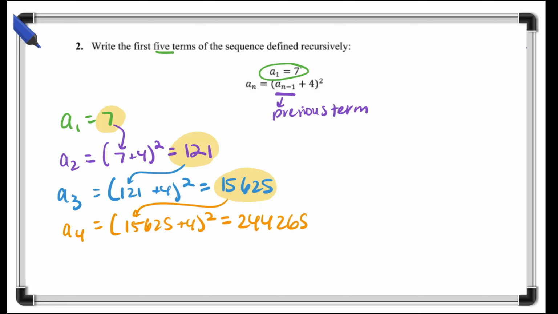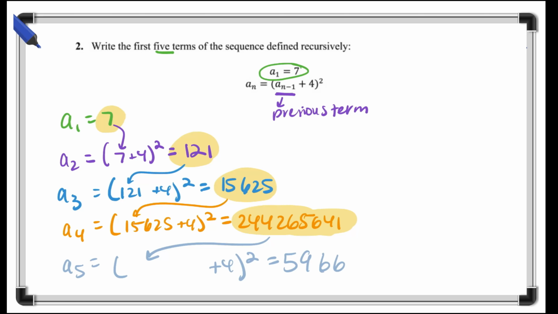You've got a really big number, 244 million and then 641. So there's your 4th term. And your last term, A sub 5. Take that, add 4, square it, and you have 570,533. And then you have 1, 2, 3, 4, 5, 6, 7 zeros there at the end.